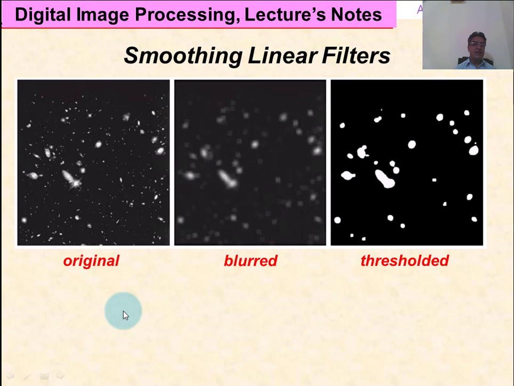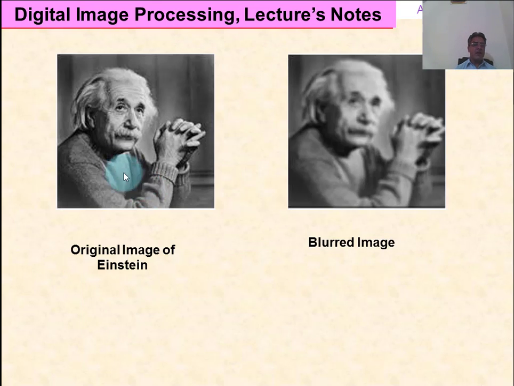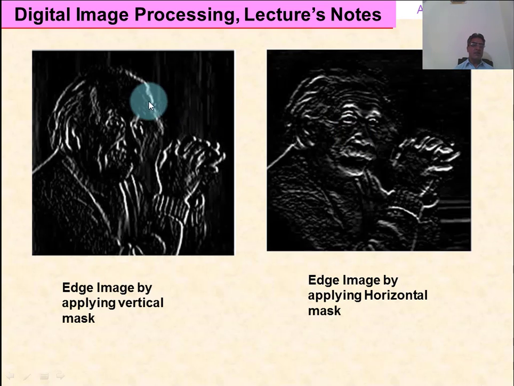And similarly, when we perform a mask on this original image of the handstand, it will become a blurred image like this. And similarly, we can create an edge image by applying a vertical mask.